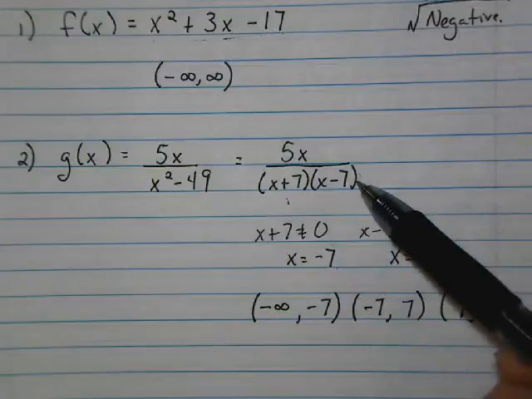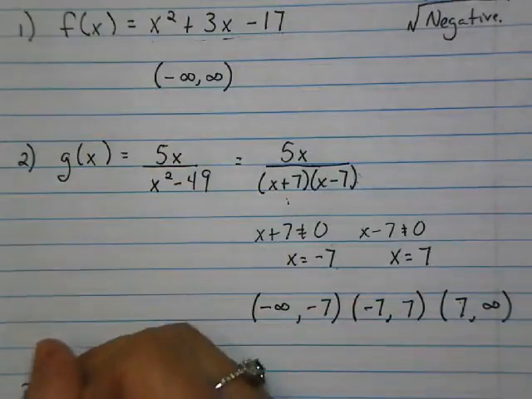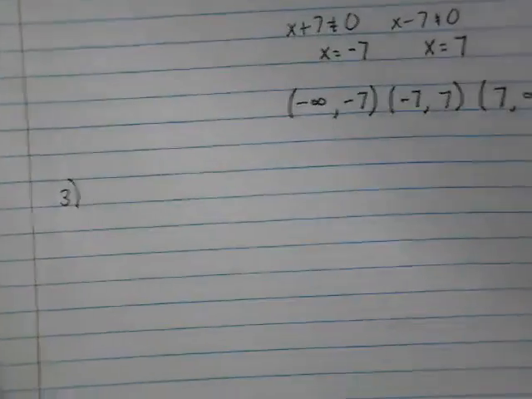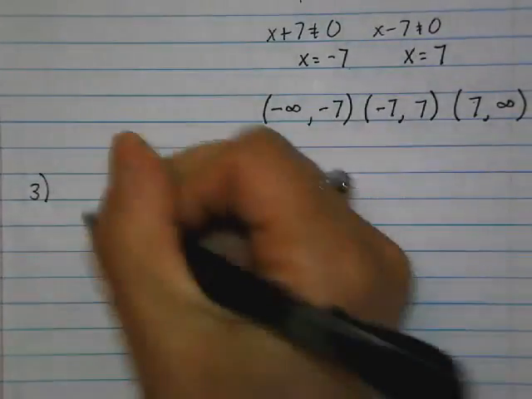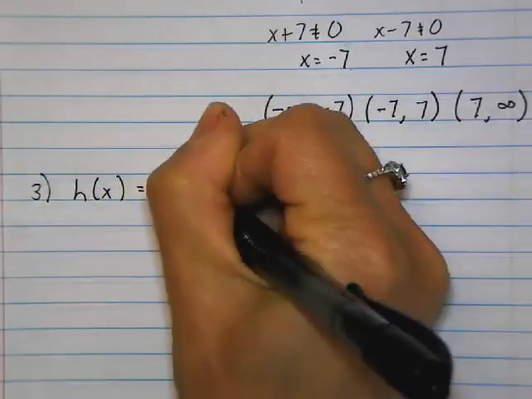Alright, let's try one more, and then we'll see if the graphing calculator can help us see any of these at all. So let's go back. We have h of x is equal to the square root of 9x minus 27.